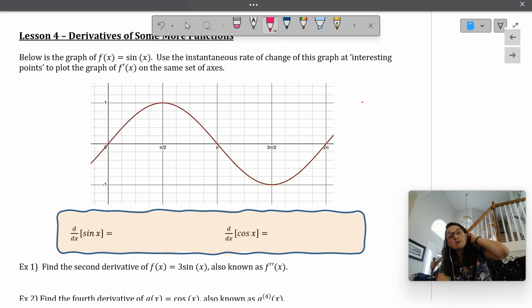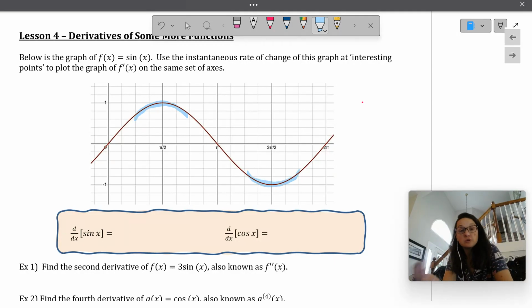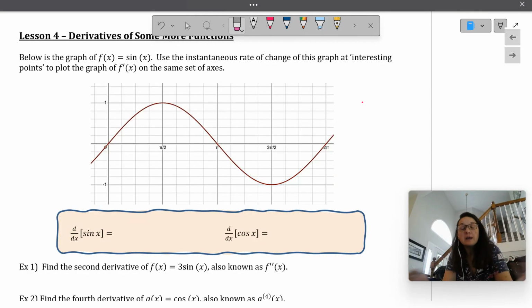When a graph has a slope of 0 and it's not a perfectly horizontal line, that usually happens when the graph has a hill or a valley, also known as a relative minimum or a relative maximum, because what's happening there is the slope is going from being positive to negative, and in between the positives and negatives, you have a 0.